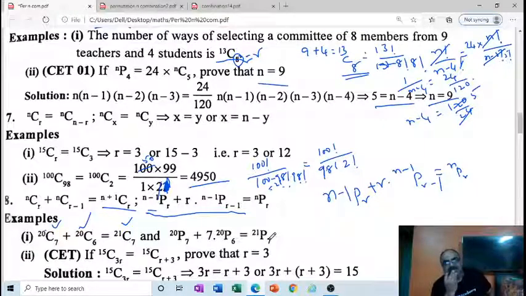Such a simple aspect, you see. Am I right? So 20P7 plus 7 into 20P6 equals 21P7. Friends, if we know these formulas perfectly in our mind, any kind of complexity they create in the problem, we can sort it out. It's easy for us to crack such problems. And CET is known for this kind of attempts.